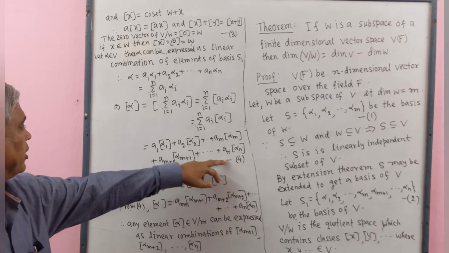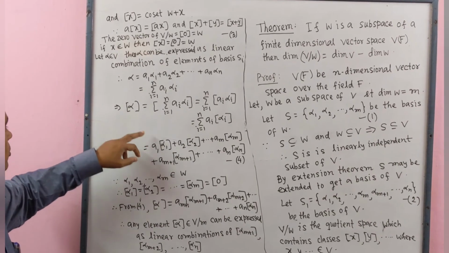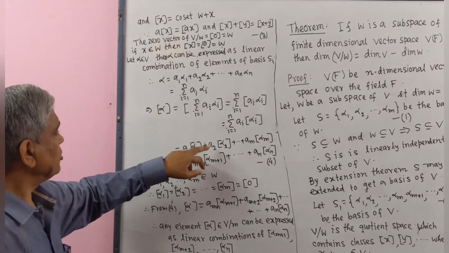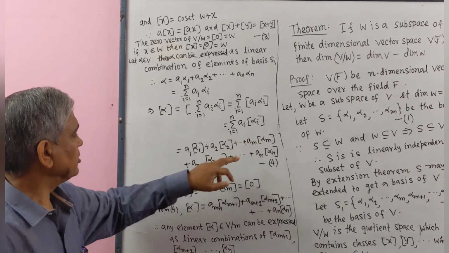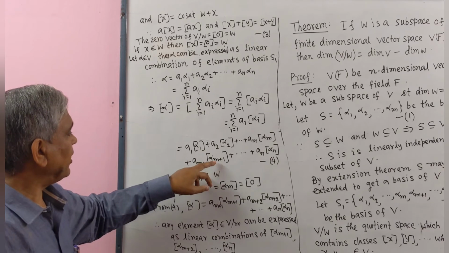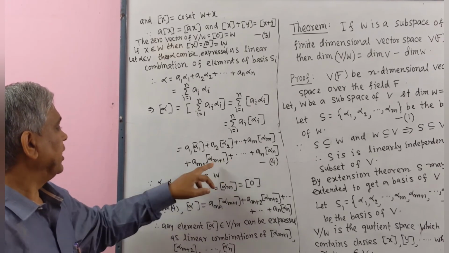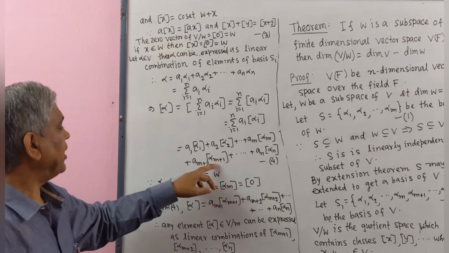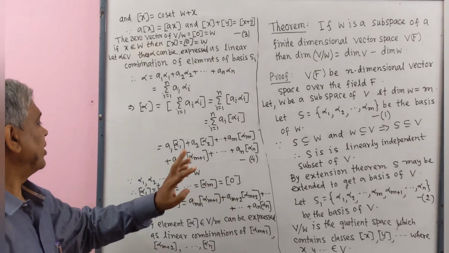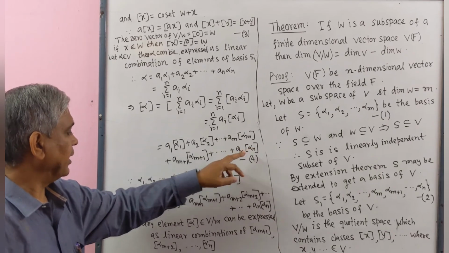Therefore, from 4, alpha class equals am plus 1 alpha m plus 1 class plus am plus 2 alpha m plus 2 class plus dot dot dot an alpha n class.